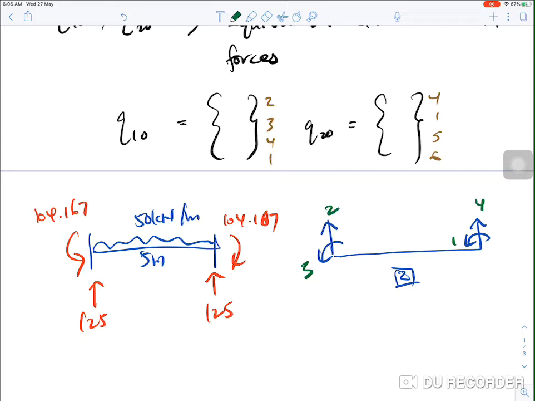For position number 2, it is equal to 125. For position number 3, it is equivalent to 104.167. For position number 4, it is 125. And position number 1, it is negative because it is in the opposite direction. It is negative 104.167.